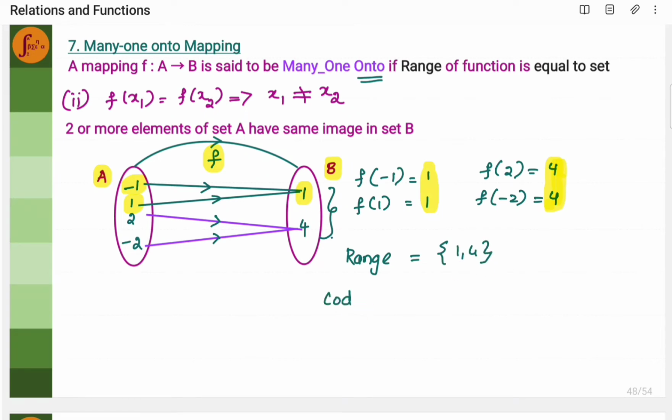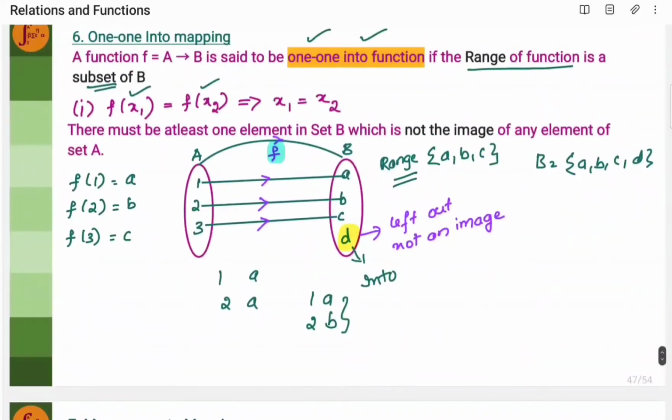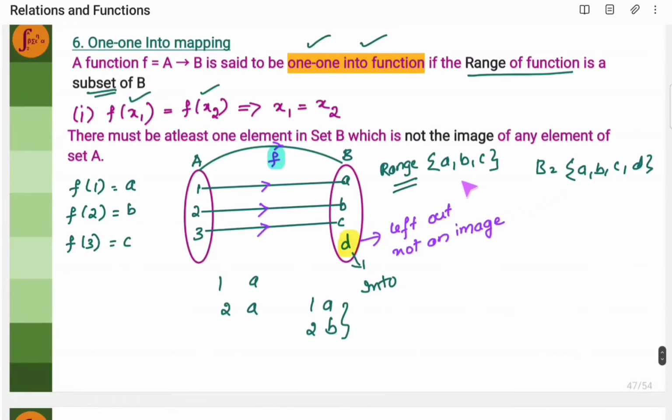What is codomain? Codomain is 1, 4. Now you notice range is same as codomain. Codomain is nothing but set B, right? So range is same as codomain. If you look at the earlier one, 1 to 1 into mapping, range is a subset of codomain. Range is a subset of B.